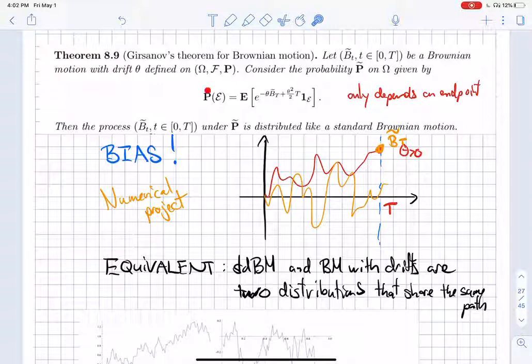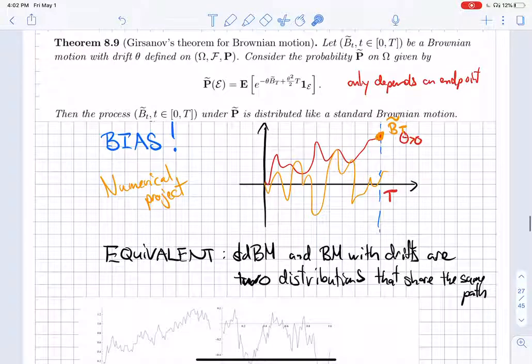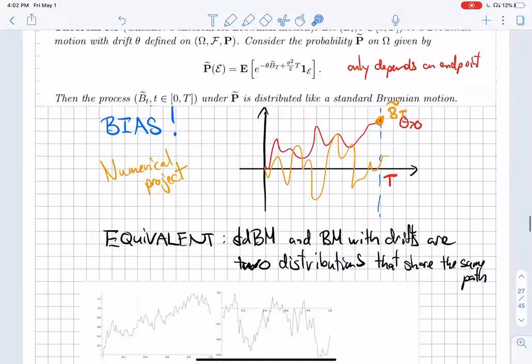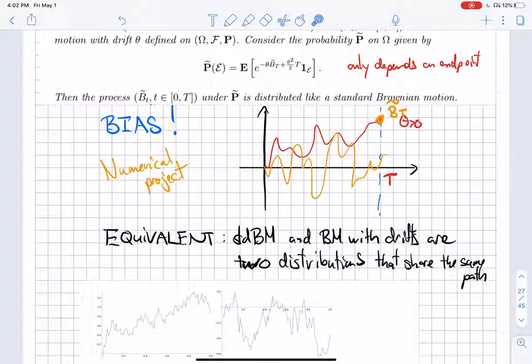So whatever is possible in P tilde is possible for P. So if I transfer this to Brownian motion with drift, I get that whatever is possible for paths of Brownian motion with drift is also possible for standard Brownian motion. So that might be surprising because typical pictures look very different, okay?